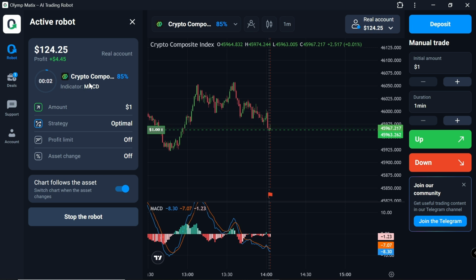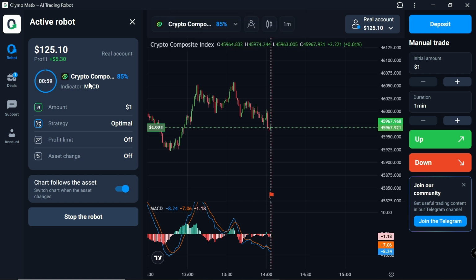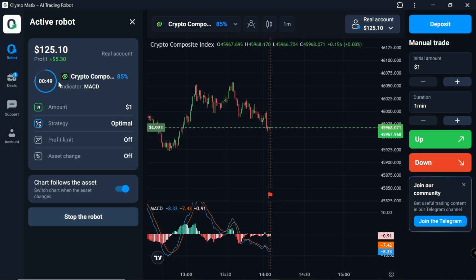This removes emotion and keeps the entries precise, you know what I'm saying? As you can see right there, that's another beautiful win with the MACD, guys, together with the supply. And now we've taken another trade with the combinations seen by the robot, and we are profitable, guys, we are.